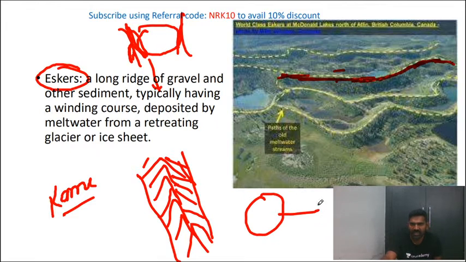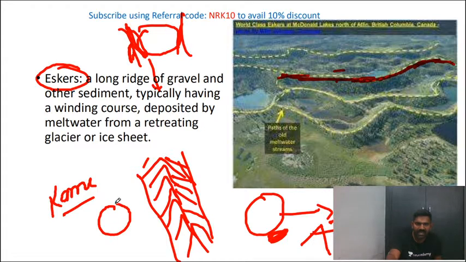When the glacier is moving like this, some rock particles are deposited, not in a straight line, but at one place like this, and that is called a kame. So the difference between a kame and an esker is that in a kame they get deposited like a mound, and in eskers they get deposited like ridges. There is a prime difference between kame and esker.